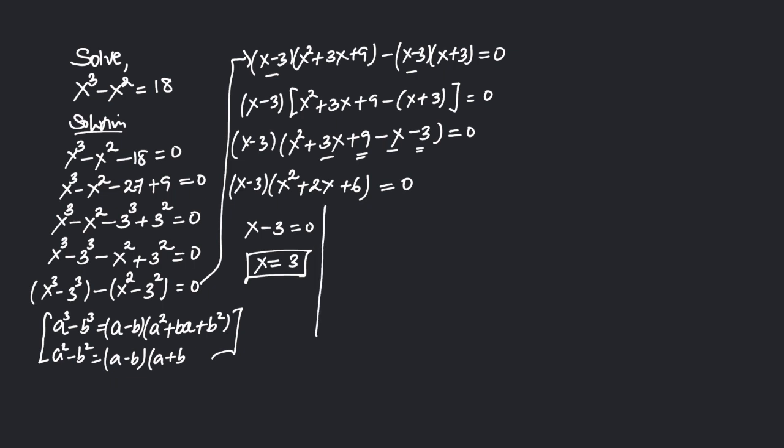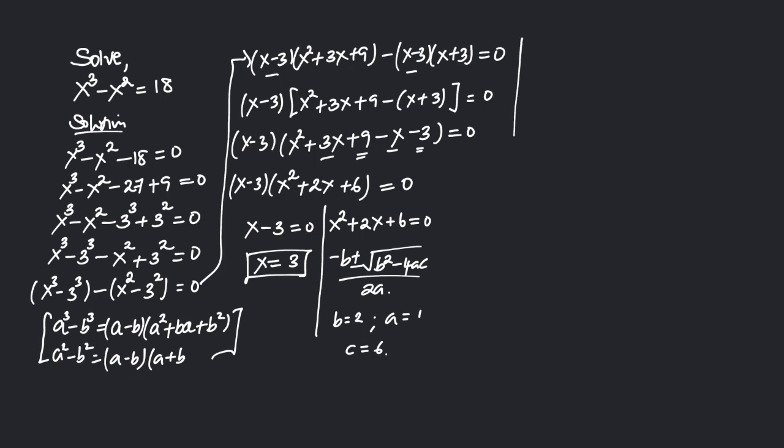The other solution we can get from x squared plus 2x plus 6 being equal to 0. And we can use the quadratic formula to solve this: x equals negative b plus or minus the square root of b squared minus 4ac, over 2a. You can see that b is equal to 2, a is equal to 1, and c is equal to 6.